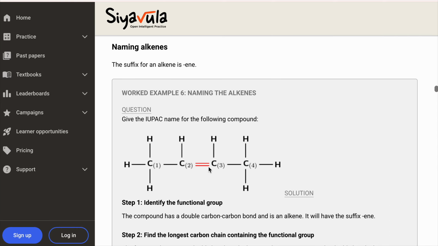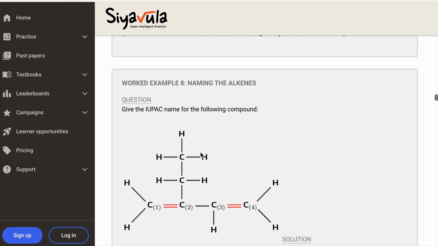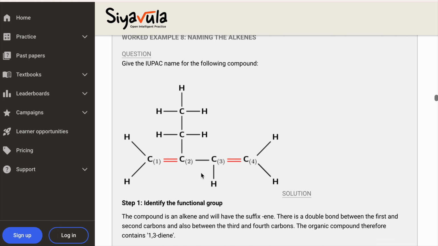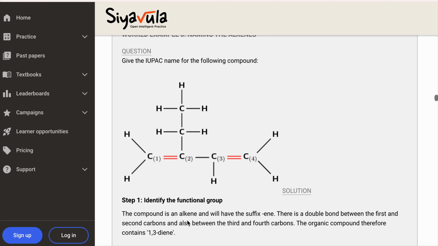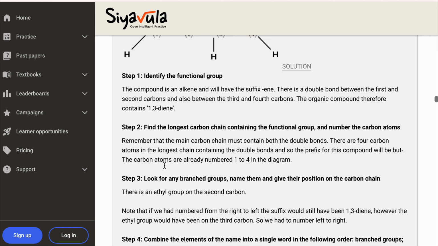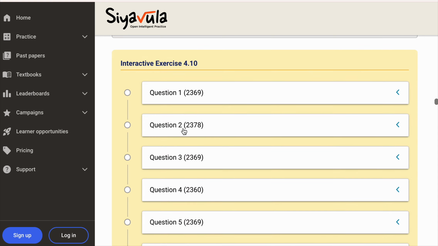Okay, if there is a double bond, we will use alkene. Name of this: the main chain is this, that is 1,3-diene. Then at the second carbon there is an ethyl group, 2-ethylbuta-1,3-diene.